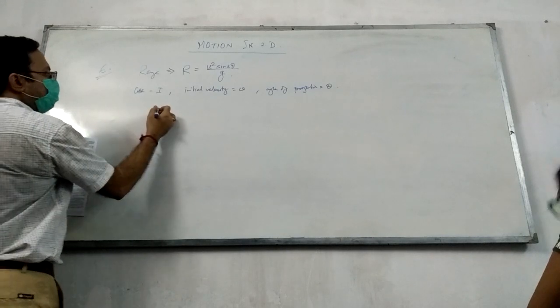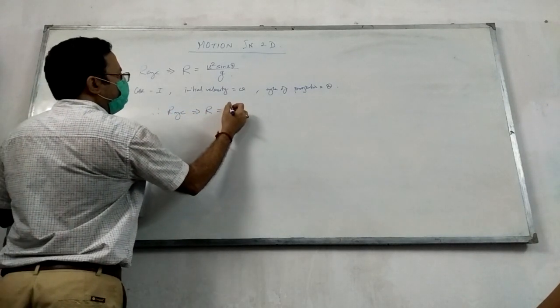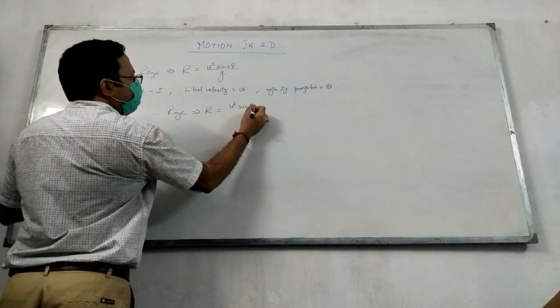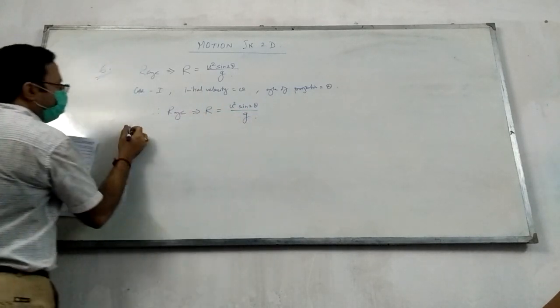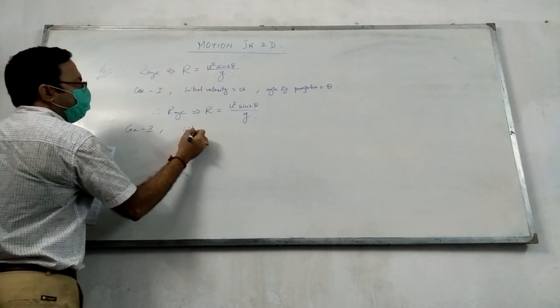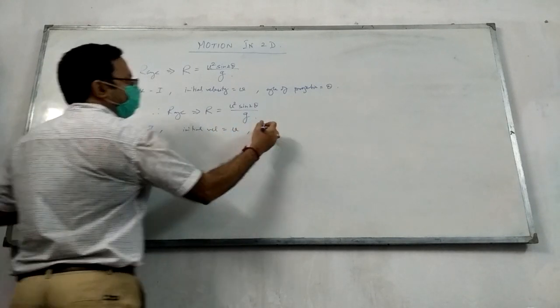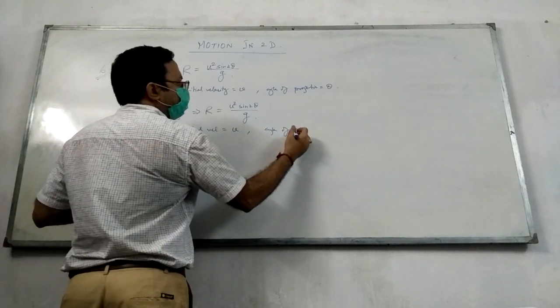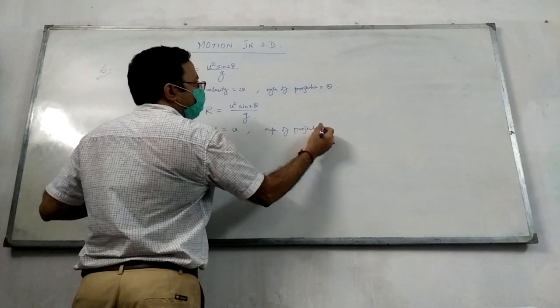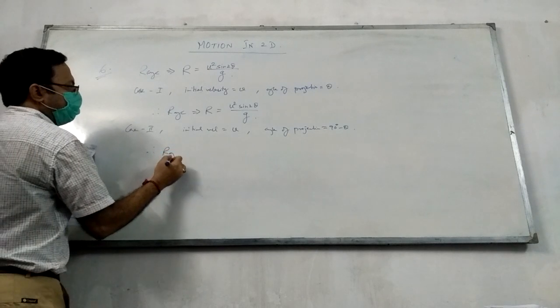So obviously range will be u square sin 2 theta by g. And case 2, initial velocity remains the same, but angle of projection is 90 degree minus theta. So what is the range?